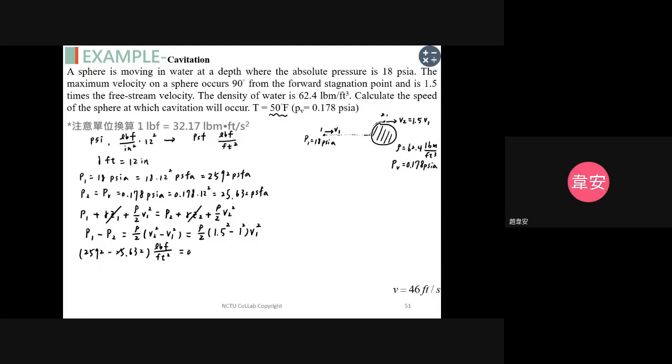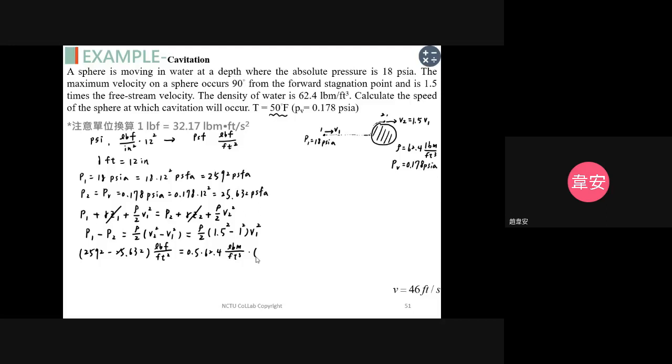So we have 0.5 multiplied by rho, which is 62.4, and the unit is pound mass divided by ft cubed, and there is 1.5 squared.